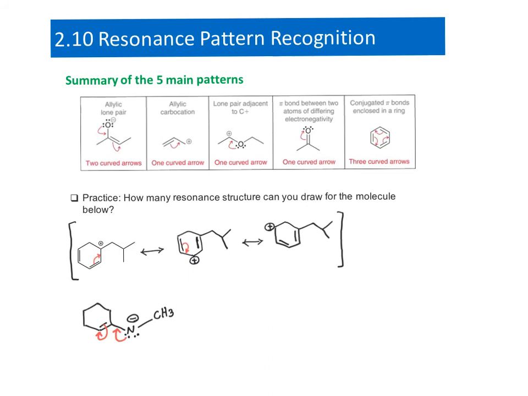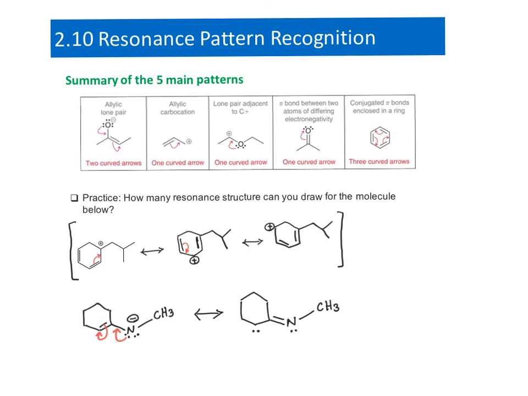Be very careful not to put it on a single bond. So this pi bond becomes a lone pair on carbon, and we have a double bond here. I use one of the lone pairs on nitrogen and CH3.